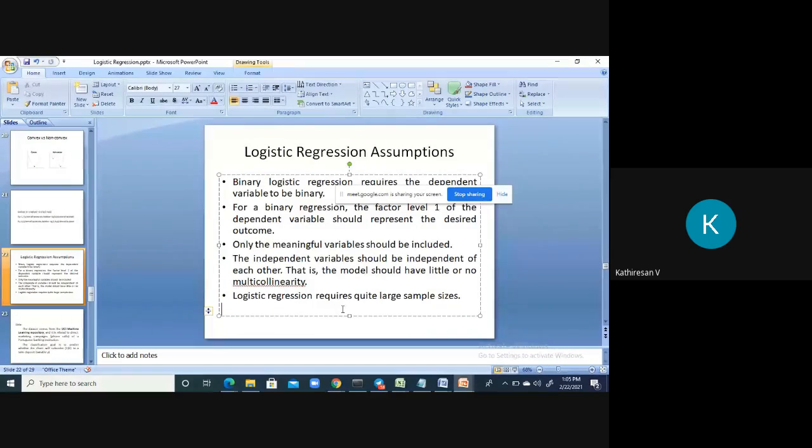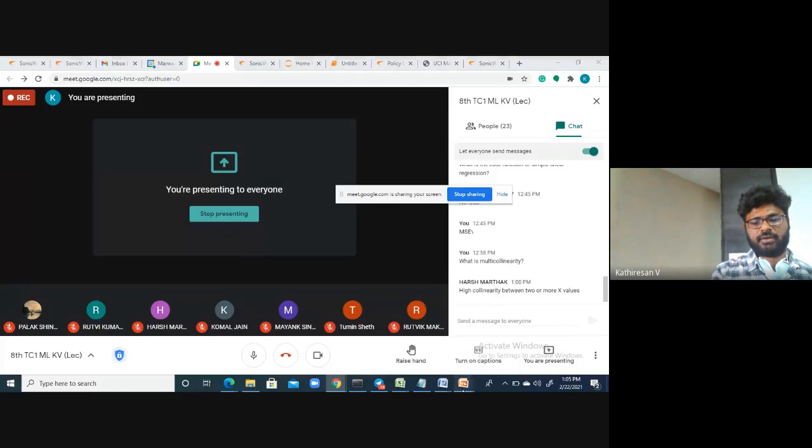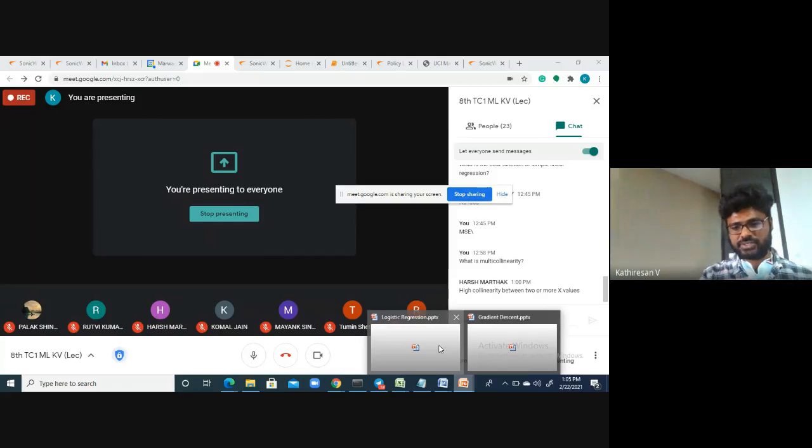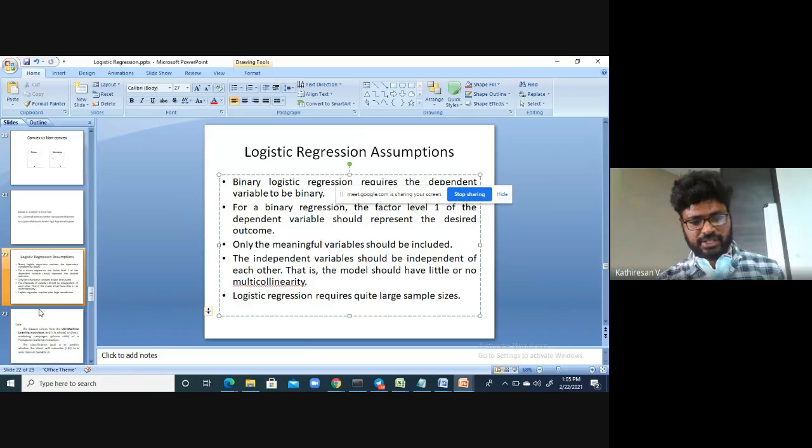In order to do the class prediction precisely and accurately, we have to have a large sample size. That is very essential. So these are all the points with respect to this regression. Then we will see the rest of the things now.